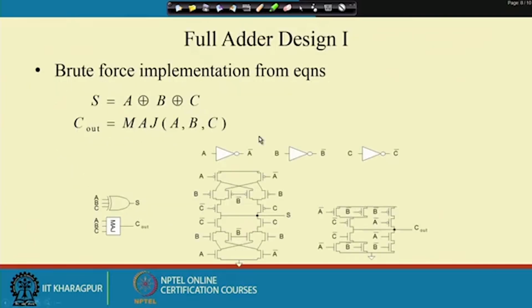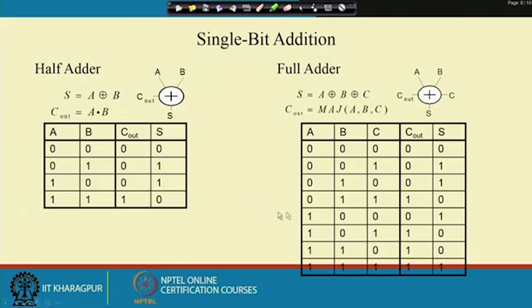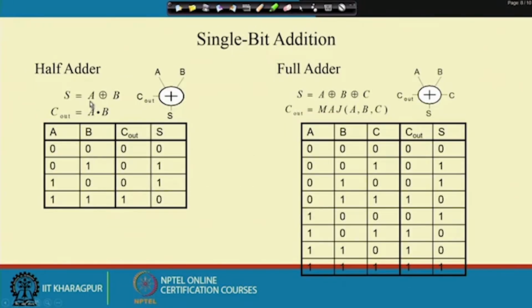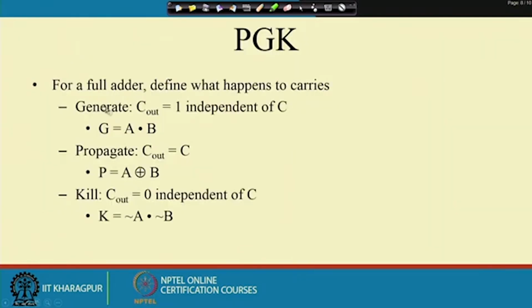I will come to that point later. If I go back here, what is the logic for sum? That is A XOR B, and for C out that is A AND B. Why A AND B?